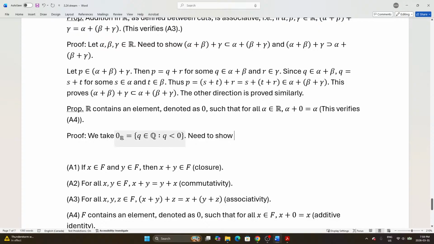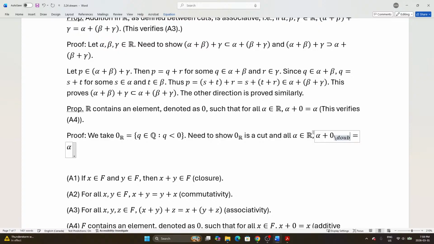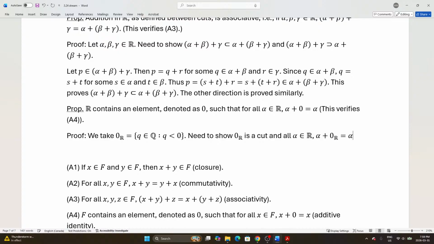We need to show that this is indeed a cut, and that for all alpha in R, alpha plus our 0, which we just defined, is the same as alpha.